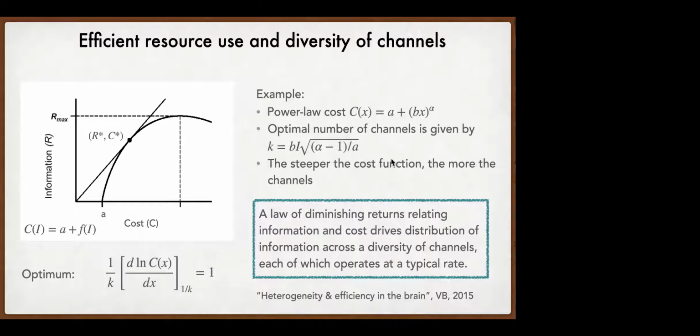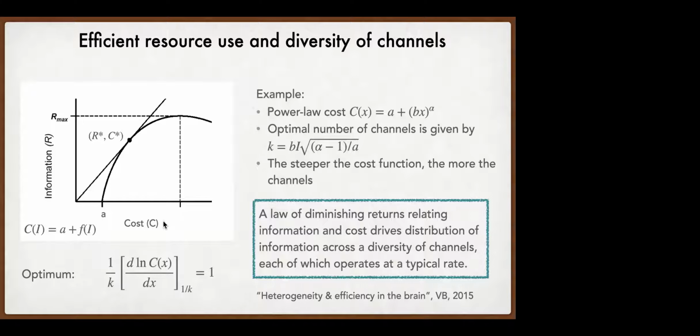It's not important what that formula is, but the point I'm trying to make is that you can work out in this formalism how many different channels you want in order to perch each individual channel at this optimal point that maximizes the bits transmitted per cost incurred. What this says is that the law of diminishing returns that universally relates information and cost necessarily drives the distribution of information across a diversity of channels, each operating at a typical rate.